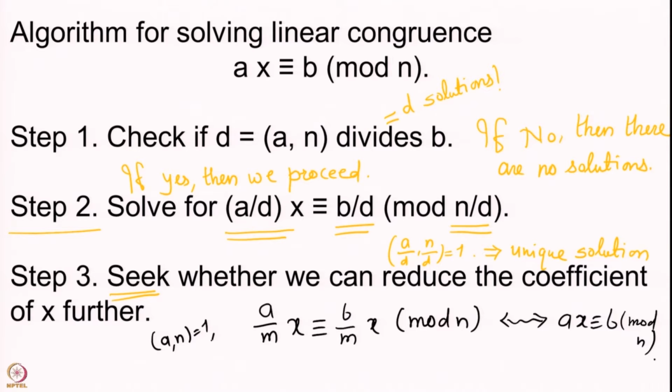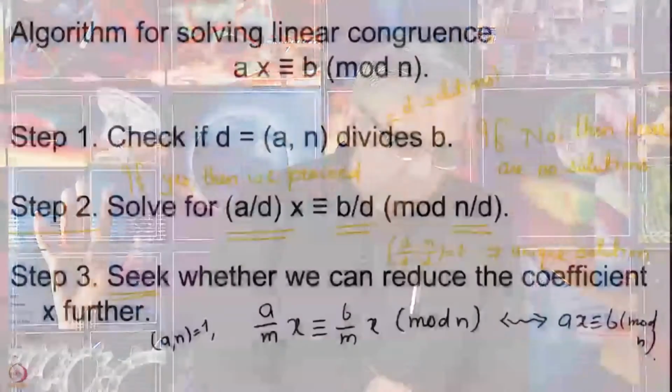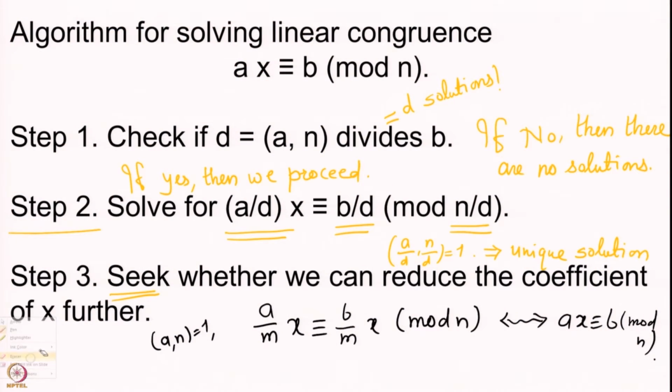So, the modulus does not reduce, but you can still reduce the coefficient of x and the constant term in the congruence. There is one more method which we will hopefully see in the next example.